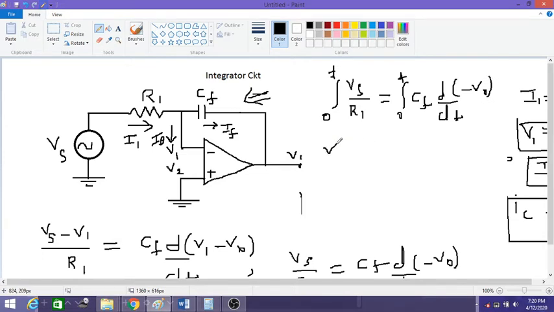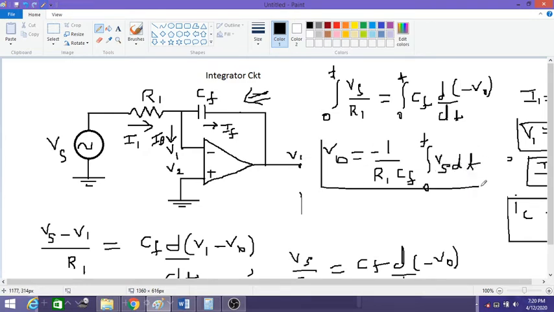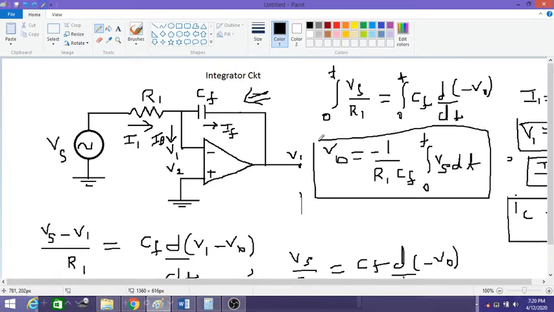Now if we rearrange this equation and get the equation for V naught, we get minus V naught is equal to minus 1 by R1 Cf, because these are constants, times the integral from 0 to t of Vs dt. So this is our equation for the integrator circuit to obtain the output.